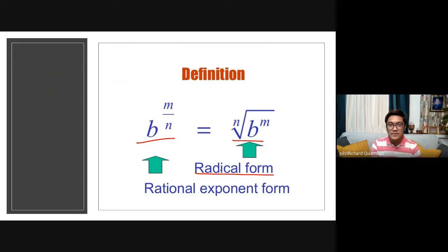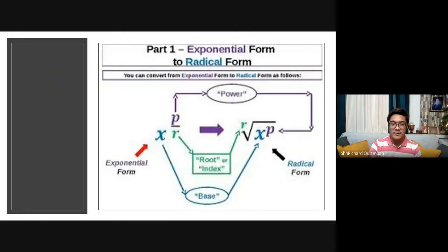As you can see, you can identify the variables represented on the left side of the equation and the ones on the right side. In the exponential form, we have x as our base, and on the other side, the base becomes the radicand.